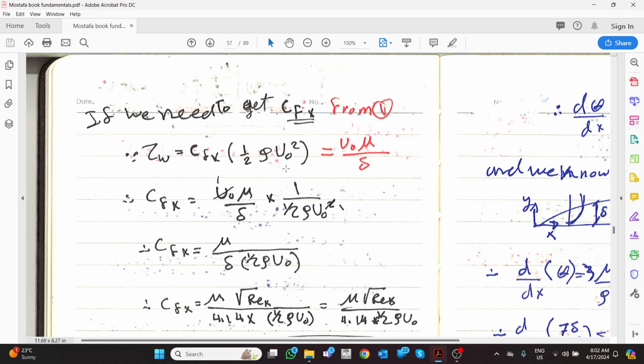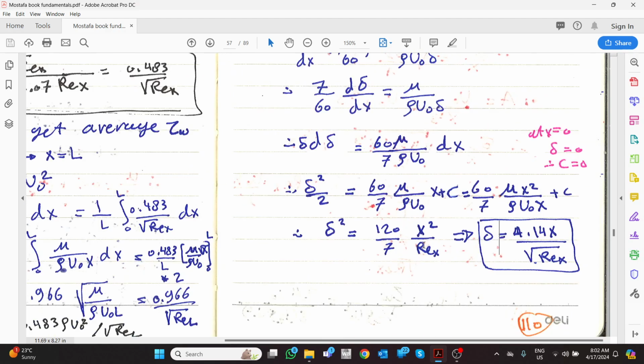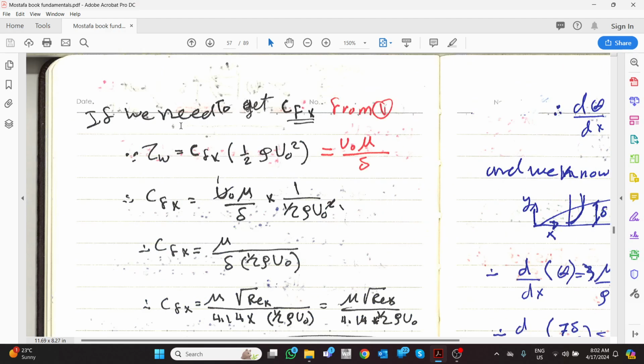Okay. Now we need to get CFX as we agreed. We got this one, we need to get CFX. Very simple. Shear stress is equal to CFX times one half rho u squared. And we also know the shear stress is equal to mu over delta. Aha, now we have delta as a function of x.